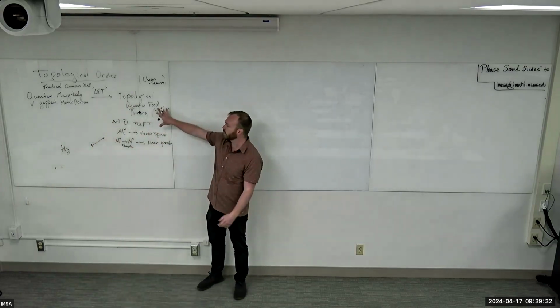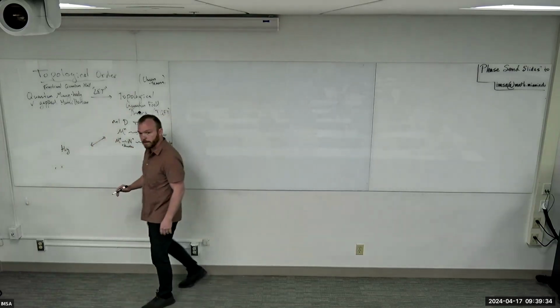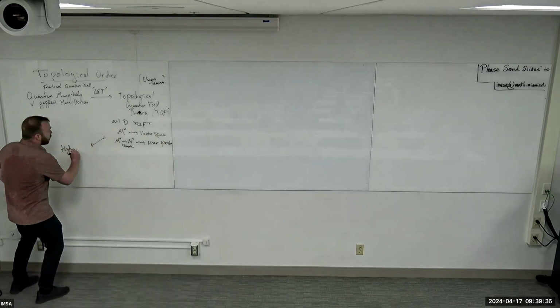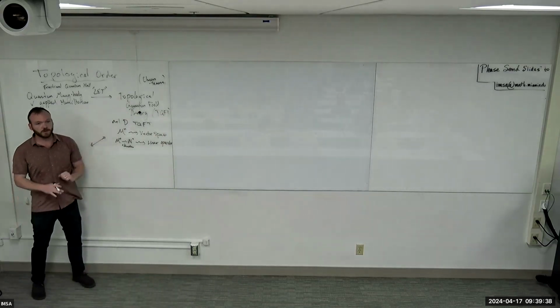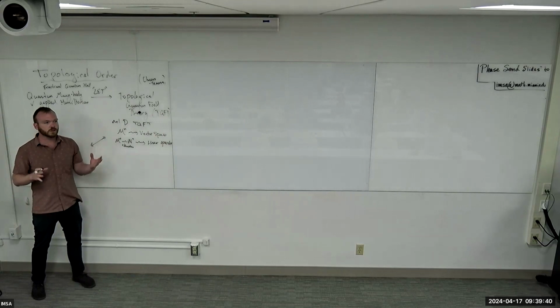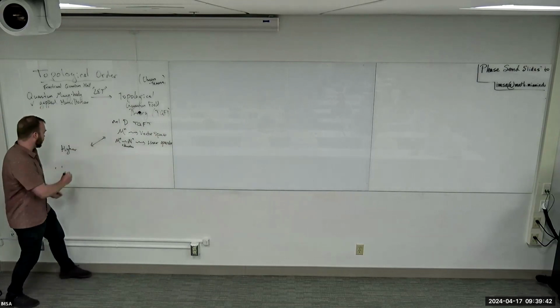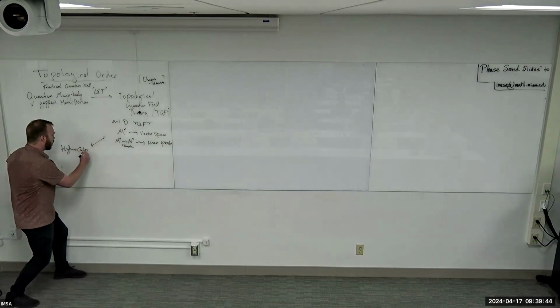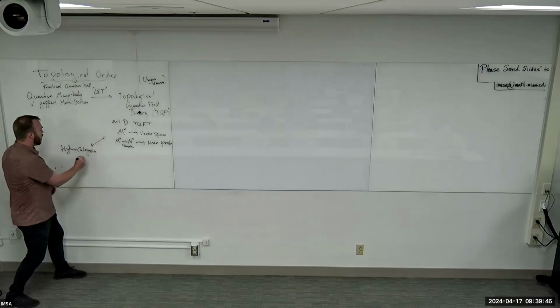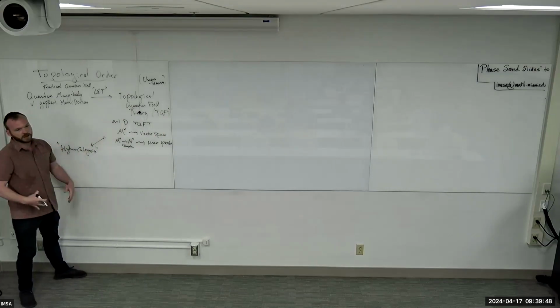Yeah. A topological quantum field theory is totally determined, it's totally equivalent to a purely algebraic object. And nowadays people call these things higher categories. These are algebraic objects.